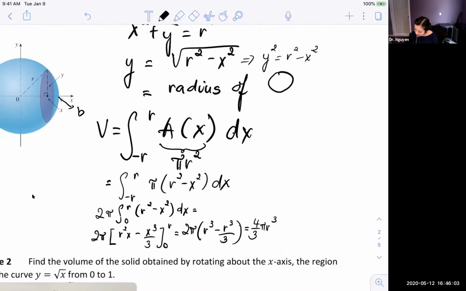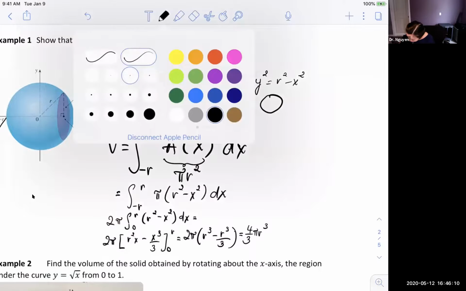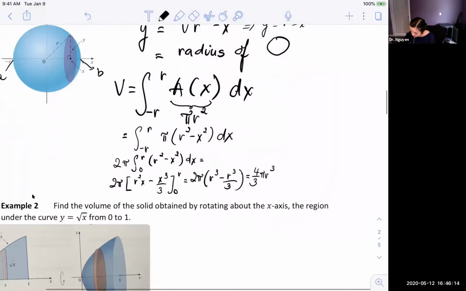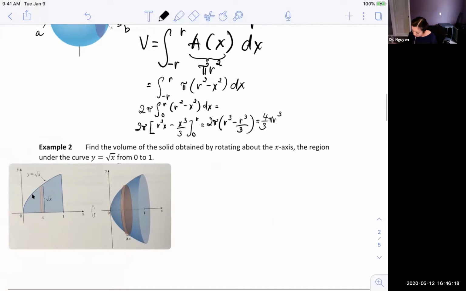The second example I want to show you is this one right here. We want to find the volume of a solid obtained by rotating about the x-axis the region under the curve y equals square root of x.